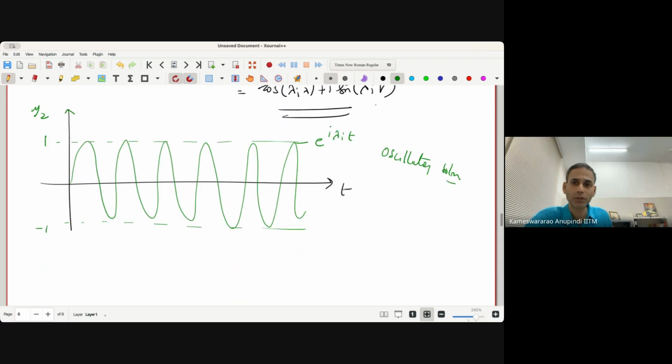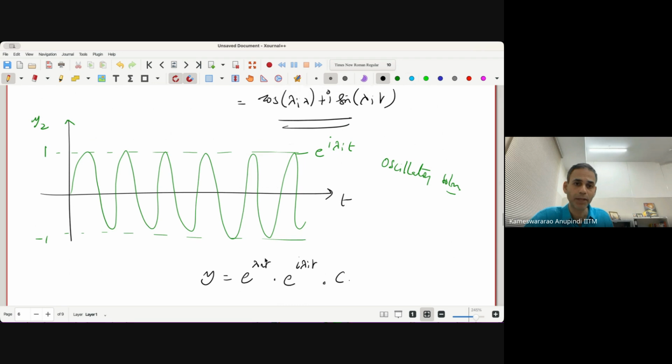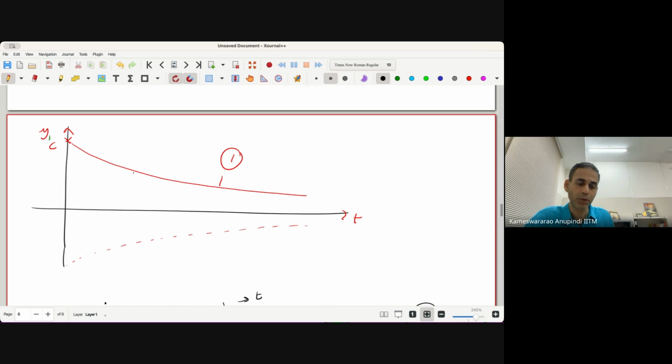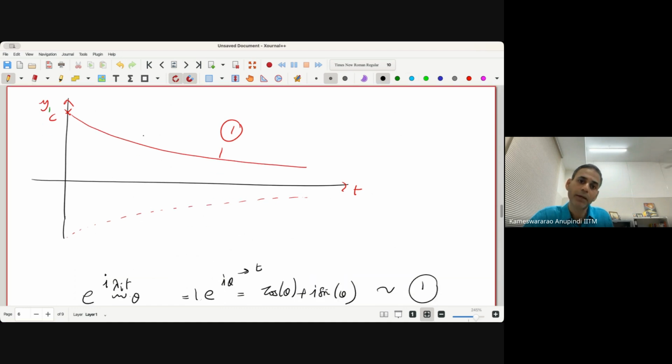Now, if you are considering a solution that is a product of these two, that means e to the power lambda_r t times e to the power i lambda_i t times some constant C, that is the full solution. Then this is being multiplied with this amplitude, which means the amplitude is now decaying with time.